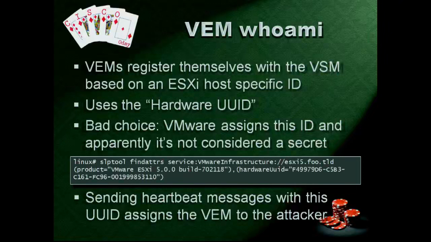Cisco actually opted to take the only ID that you can find on an ESX host that you can query by multicast SLP from a command line anywhere in the network. Because if you do an SLP query, who has ESX installed here? The answer is the hardware UUID. Very bad choice for a secret.